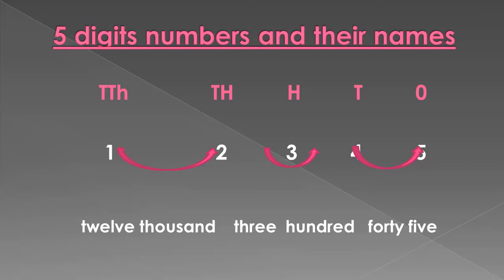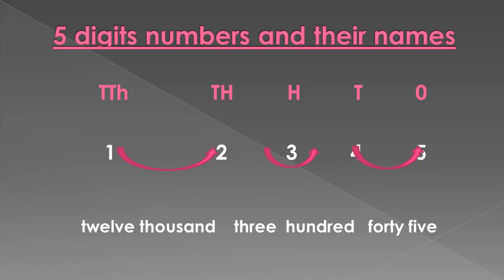The first part comes from the 1 in the 10,000 place, then the 2 from the 1000 place. That is 3. The second part comes from the 100 place.